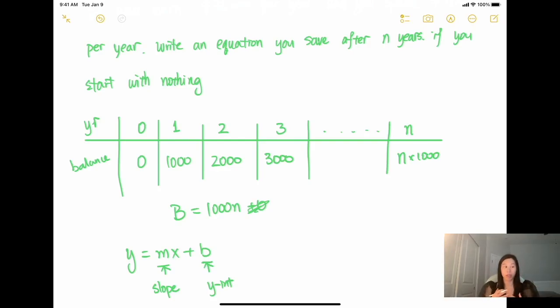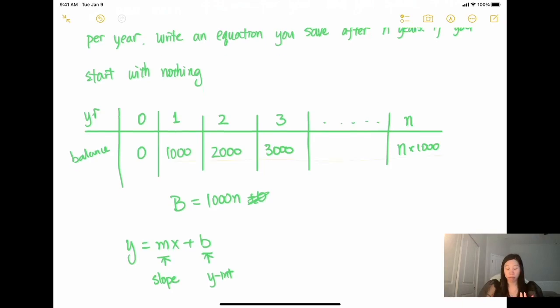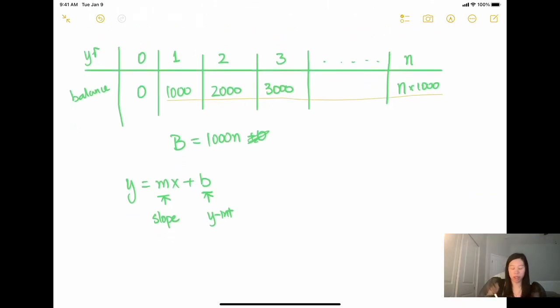One very important thing about linear equations is the average rate of change, which we learned in the last video. The average rate of change is a constant, which means it's not going to change. So how do we find the average rate of change?